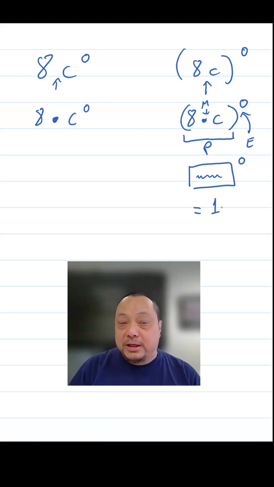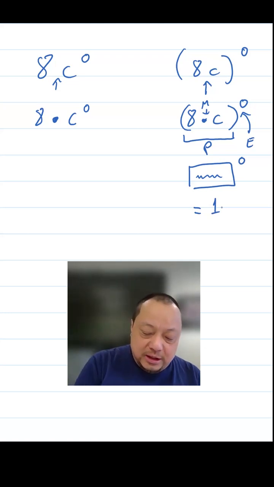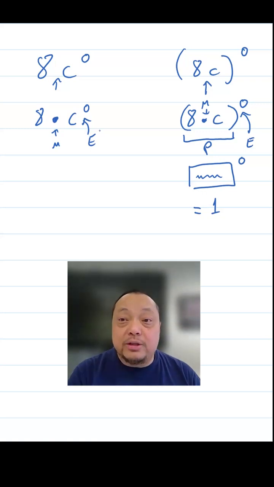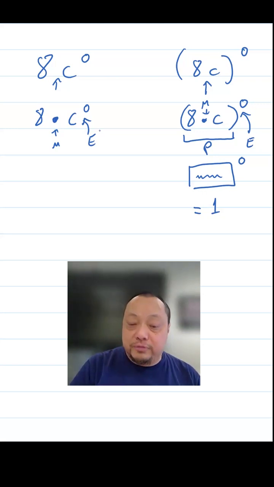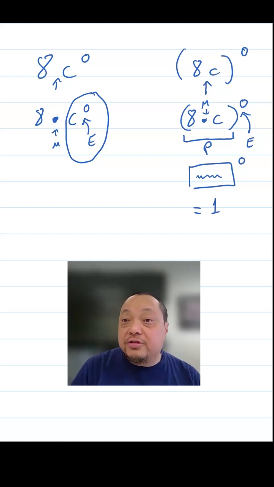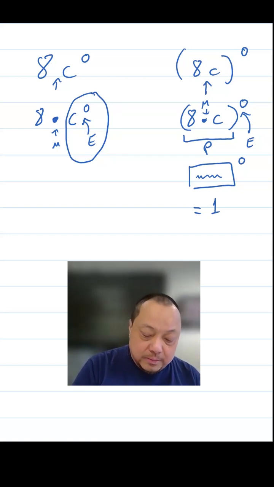Now let me do the expression on the left. The expression on the left has a multiplication here and an exponent there. Well, which one do I do first? According to the rules of order of operations, I'm supposed to do the exponents before the multiplication. So I'm going to do the exponent first. That means this little piece here is done first and done separately from the multiplication.